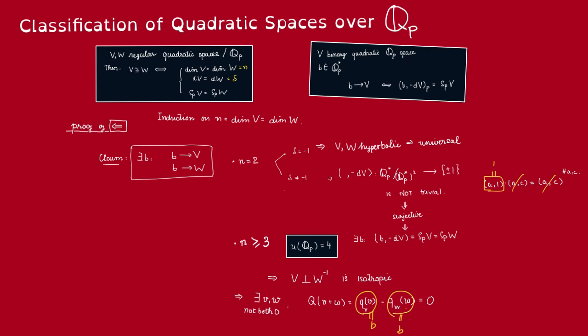And both V and W represent B. Thus, we have proven that both V and W represent some common B. And remember, we used that to split V and W, and then apply the induction hypothesis. So, we conclude that over the p-adic numbers, regular quadratic spaces are isometric if and only if their three invariants are the same.